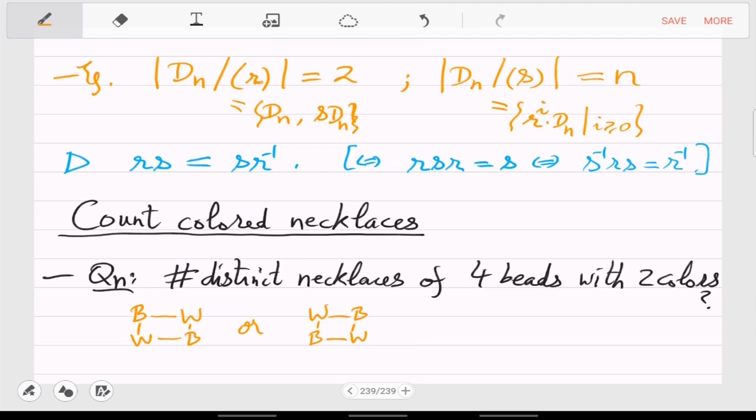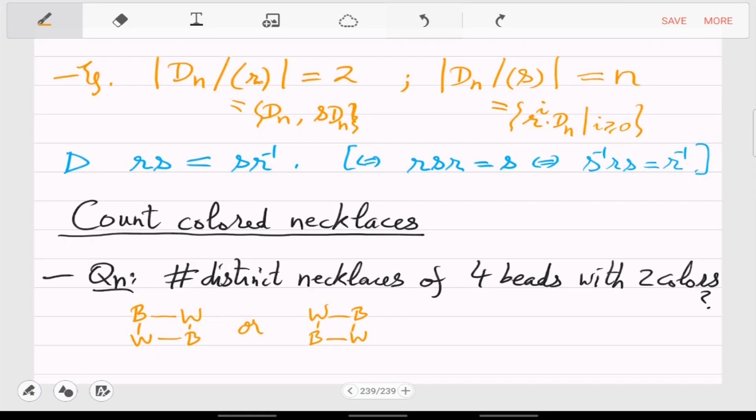Okay, so if two things can be transformed from the first to the second, then we call them the same. So we are interested in counting how many distinct necklaces are there, which means that give me a set of representatives such that from one I cannot go to anything else under the action of D4. Okay, the dihedral group symmetry. So these are the same, but what if I have this one?